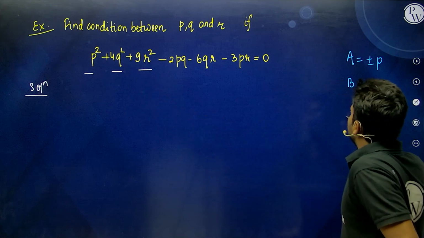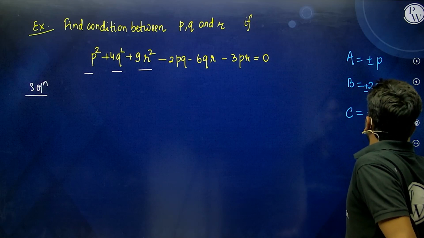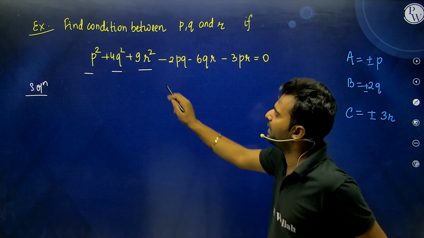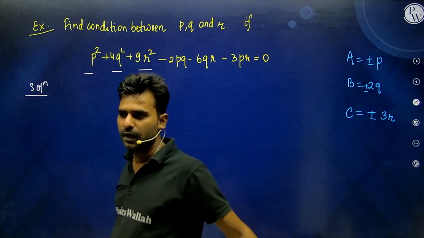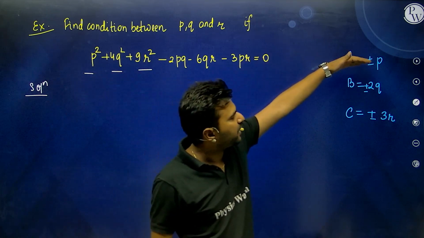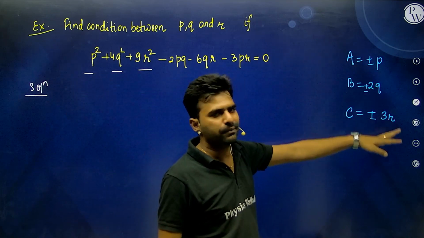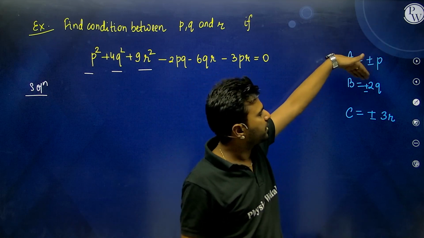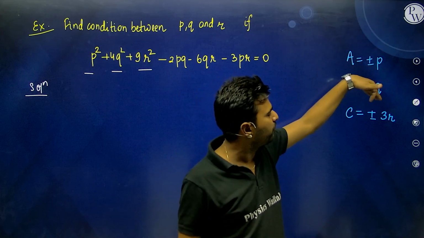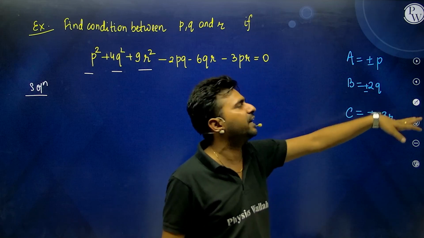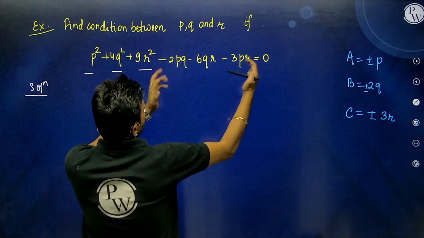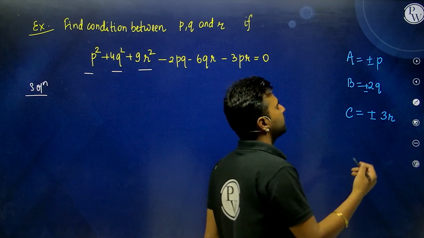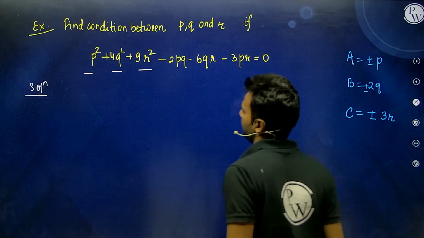If I take C as either plus minus 3R, ultimately C square will become 9R square only. Now, out of this plus minus P, plus minus 2Q, plus minus 3R, we should take plus P or minus P. We should take plus 2Q or minus 2Q. We should take plus 3R or minus 3R, will depend upon this remaining portion. So, based on that, try to think. Come on, try to think, come on.